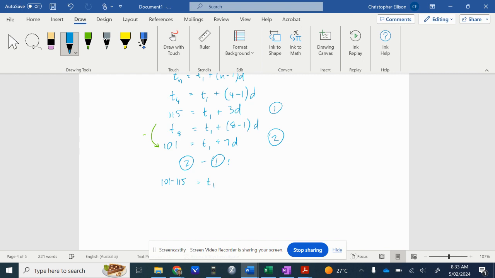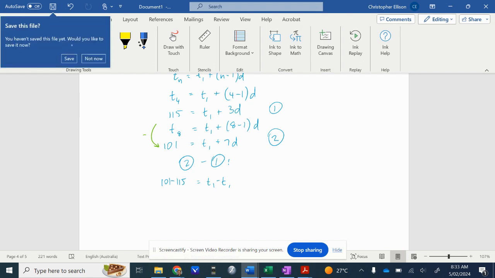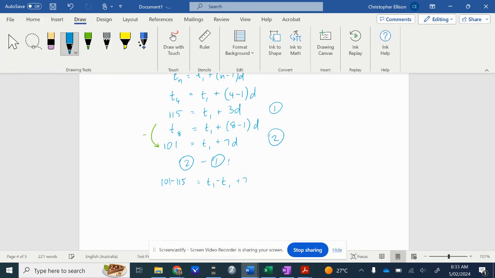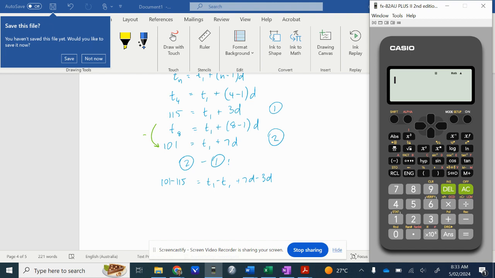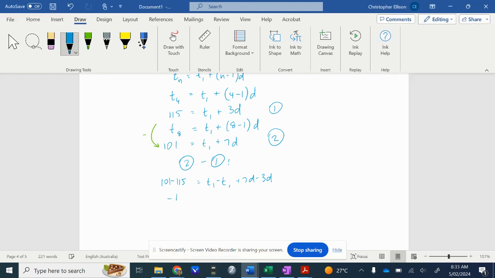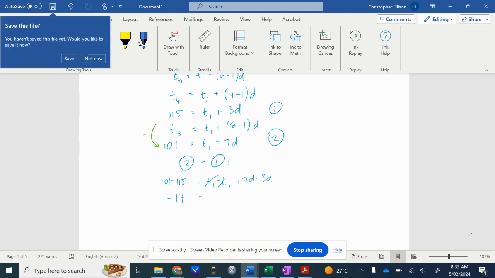Here we're going T1 minus T1, they cancel out, and then we're going 7D minus 3D. Now we often don't write that line. We just write what the outcome is. So it's 101 minus 115, which is negative 14. Now these cancel, and over here it just leaves us with 4D again.